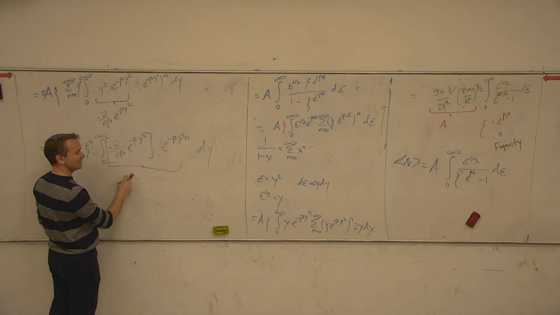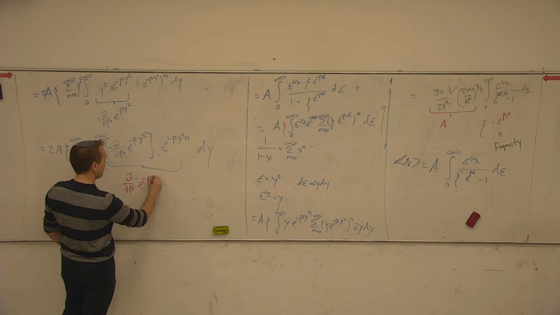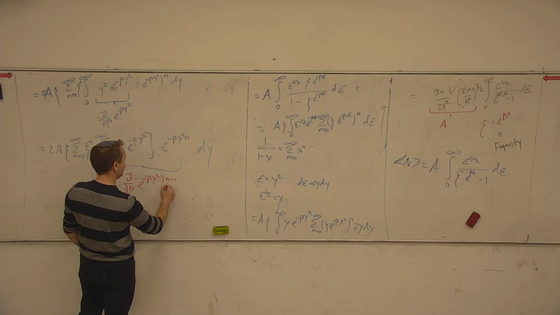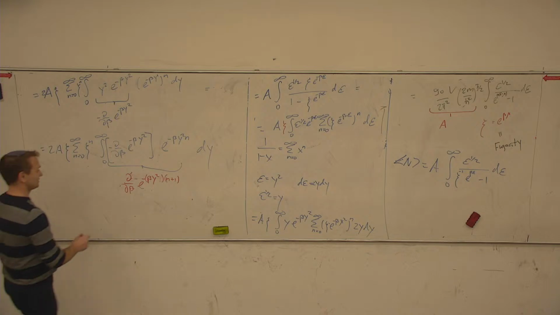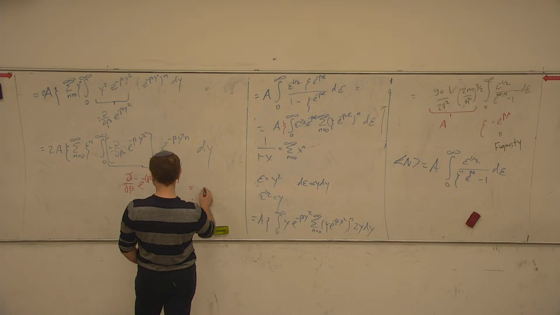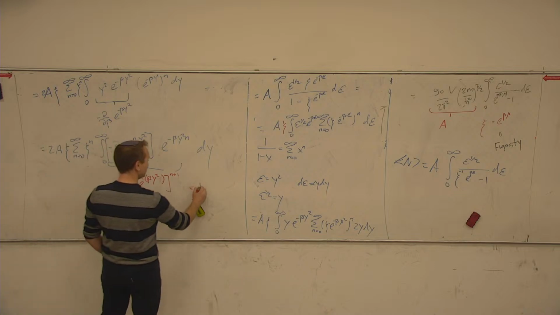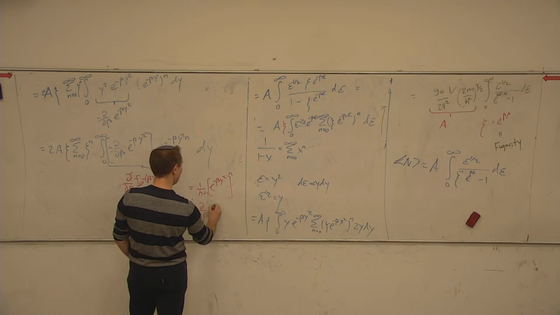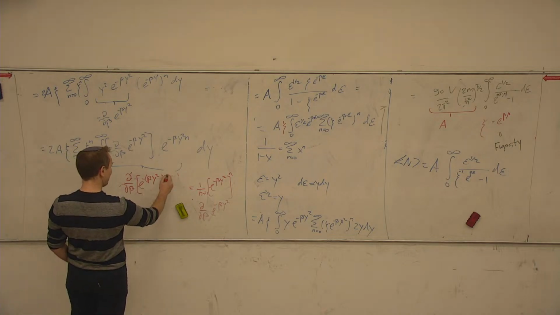So what is d over d beta of e to the power minus beta y squared to the power of n plus 1?